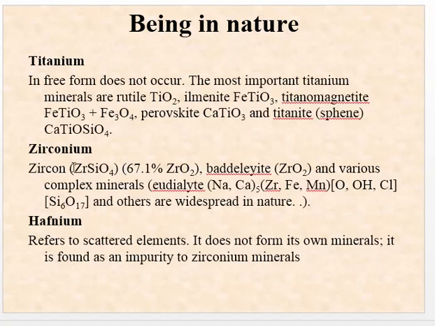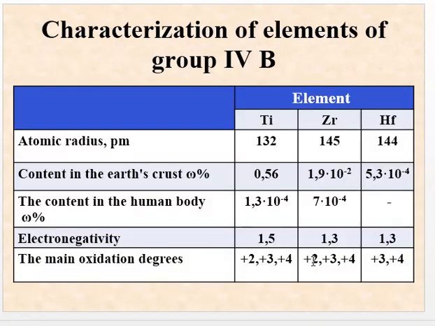About zirconium, zircon, where 67.1% is zirconium oxide, baddeleyite, and various complex minerals, eudialyte and others, are widespread in nature. Hafnium refers to scattered elements. It doesn't form its own minerals. It is found as an impurity in zirconium minerals.